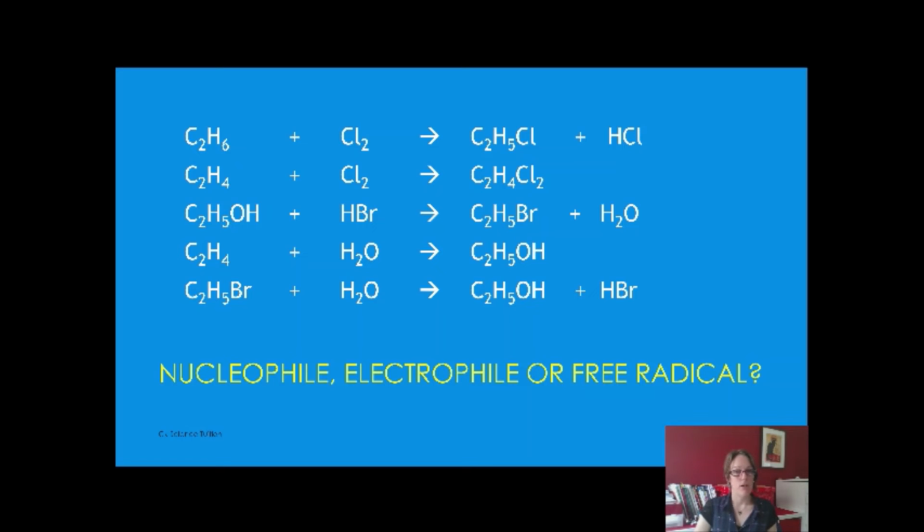So instead of looking at the reagent that you add to the organic compound, when you're deciding whether it's nucleophile, electrophile or free radical, you look at the organic compound. What is it about the thing that contains carbon that would induce a reaction to happen via the three mechanisms that we know? So first of all, let's go back to our alkenes, because we already know they undergo addition reactions.